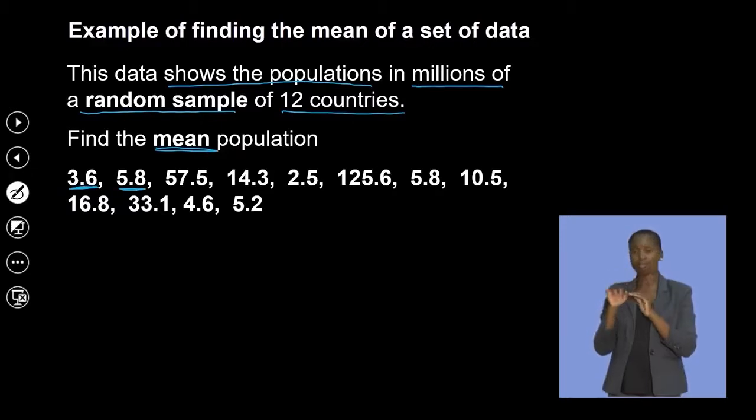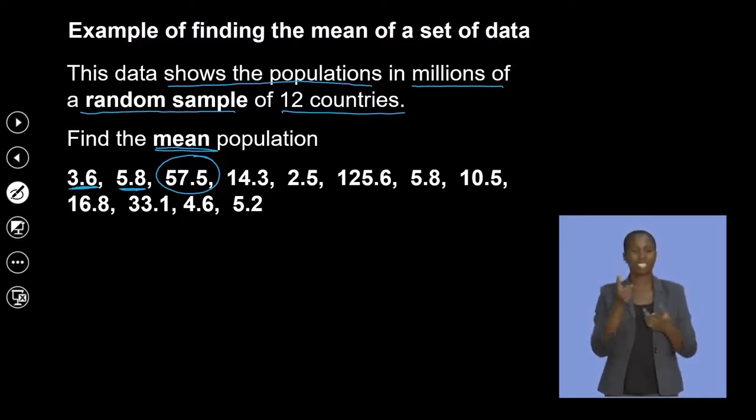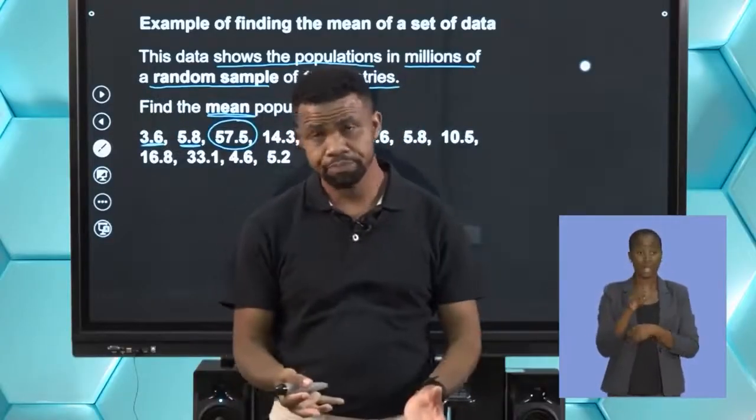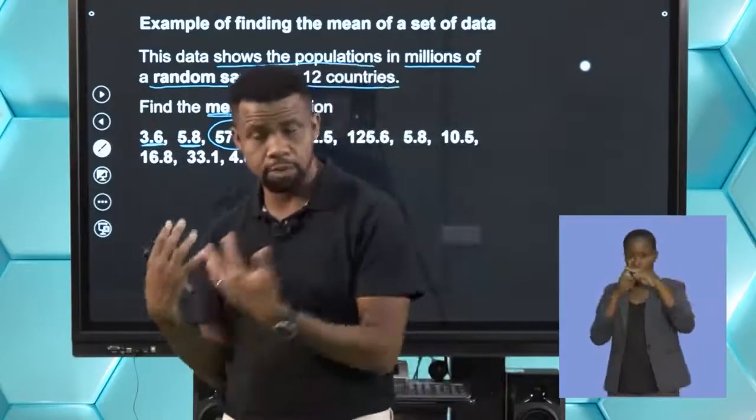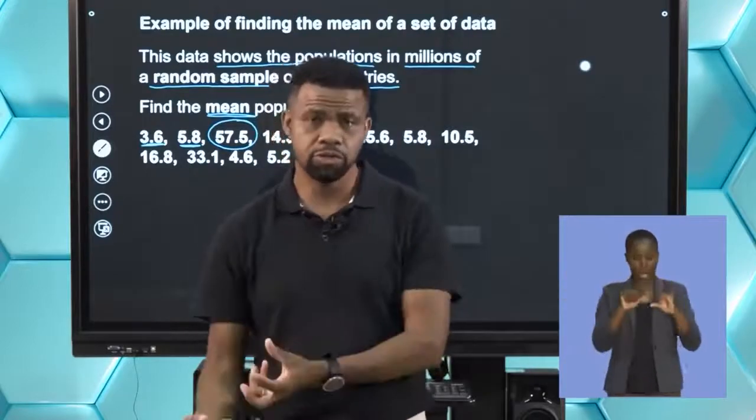Where do you think South Africa actually falls? Any idea? Are we a population of 3.6, 5.8? I think we are somewhere around 50-something million. Okay, let's carry on and calculate the mean for the 12 country populations. To do that, we add all the numbers and divide by 12 because we're working with 12 countries.